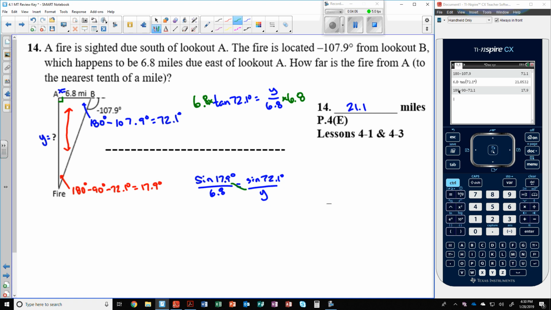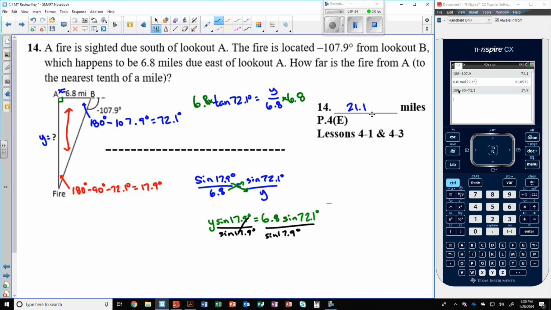So you'd cross multiply, and again, you could use Nsolve if you so desired. You'd have y times sine of 17.9 degrees equals 6.8 sine of 72.1 degrees. And then finally, last step, I would divide by sine of 17.9 degrees to get our answer. Oops, forgot the sine. Sine of 17.9 degrees.